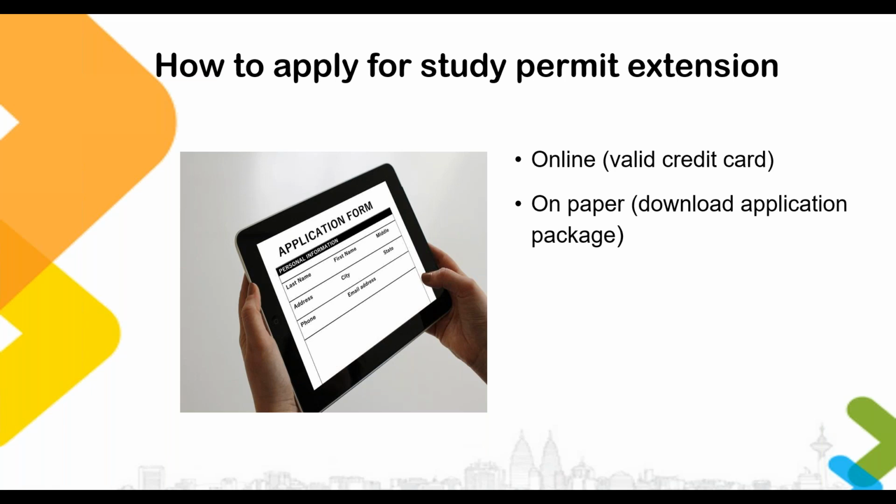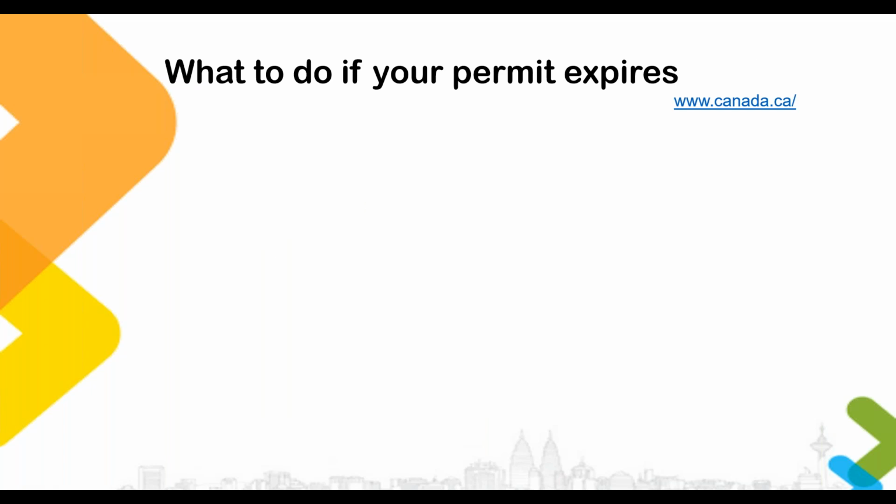If you are applying online, then you need to have a valid credit card so that you can make the payment that is required of you. Once you get the package, you simply need to complete it, pay your application fees, and submit your application. So it's not a very difficult process at all.